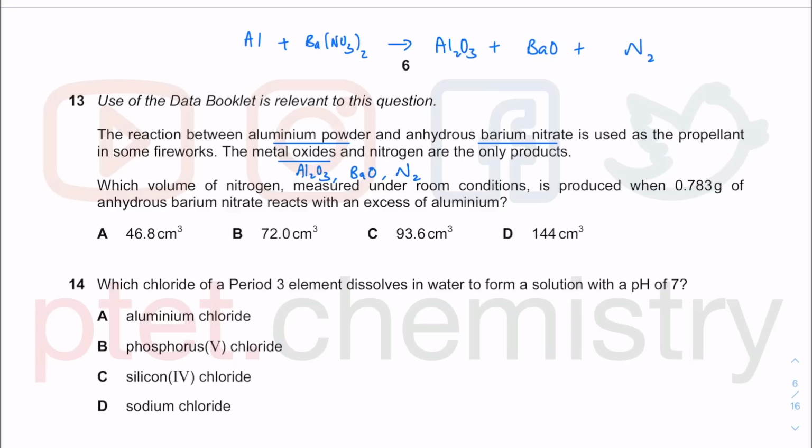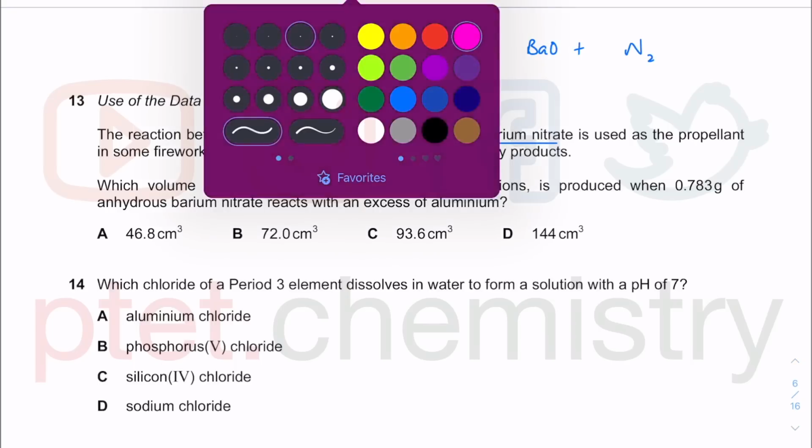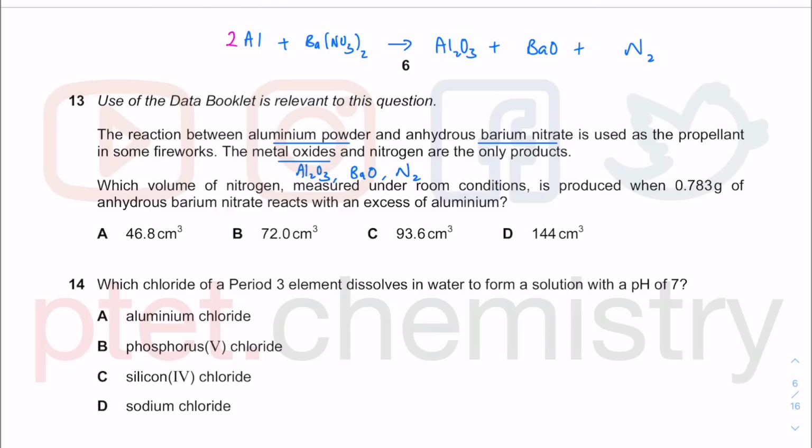So balancing the equation looks like 2 aluminium on the left hand side, and the barium is balanced, 2 nitrogens, and the oxygen. There are 6 oxygen atoms, there's 3 and there is 1. I wonder if I've done anything wrong. Aluminium powder, barium nitrate, aluminium oxide, barium oxide, and the nitrogen.